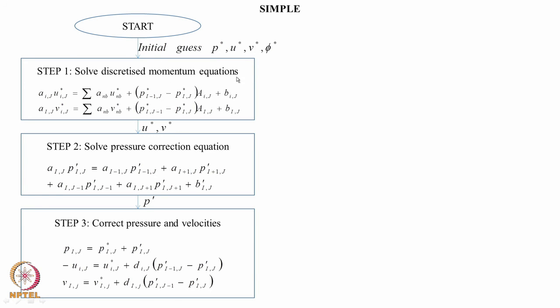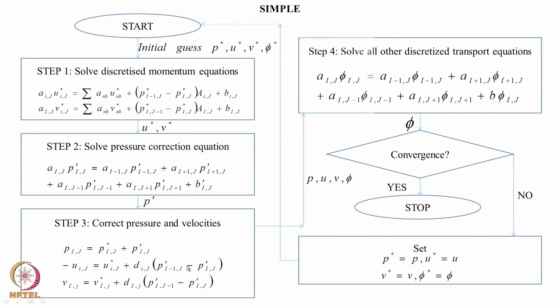So, you solve the discretized momentum equation, you get u star, v star, solve the pressure correction equation, you get p prime, then you correct pressure and velocity as shown here, then solve all other discretized transport equations which are meant for any other scalar variable. We are still following the same procedure as we did for pressure or velocity variables. So, following the finite volume procedure, you get the generic form of the discretized equation.